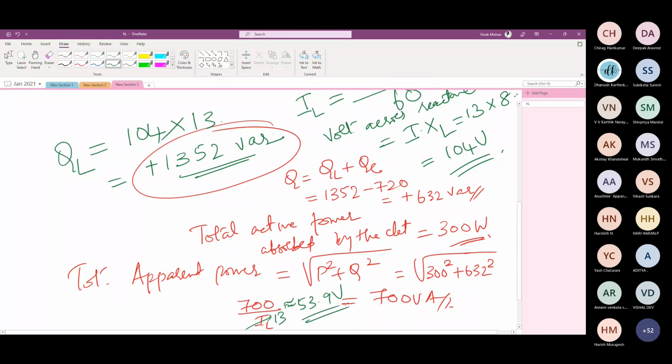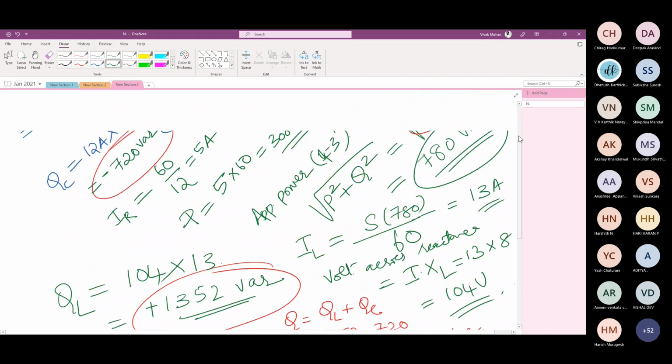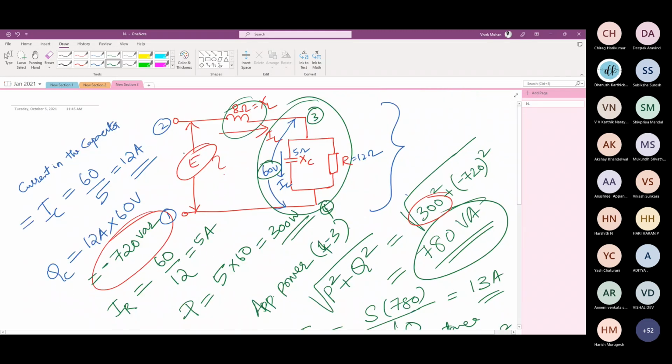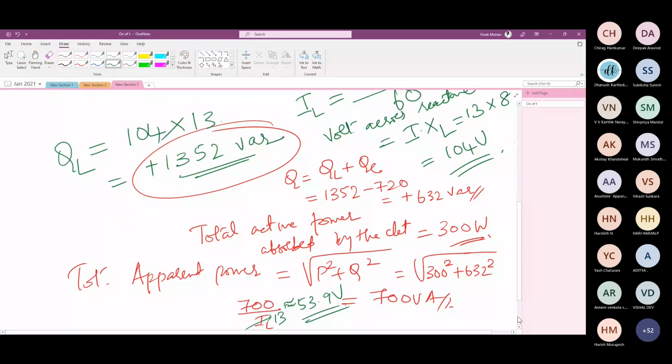Now, the impedance between the terminals 1 and 2. If I want to find the impedance between the terminals 1 and 2, this is 1, this is 2, the total impedance I want. How will you find it?